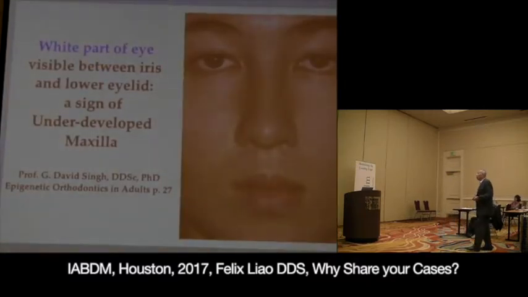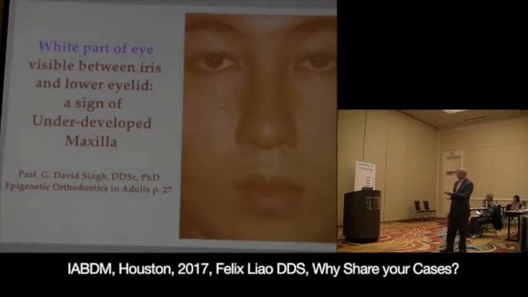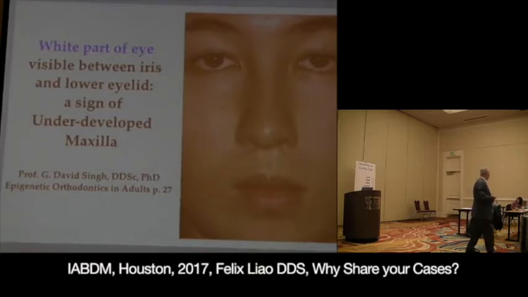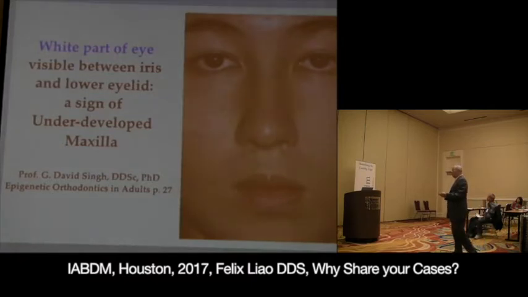So this is another piece of evidence: if you can see the white part of the sclera between the lower eyelid and the iris, it's evidence that the maxilla is deficient. So you can cite this and say, this is the basis of my treatment.